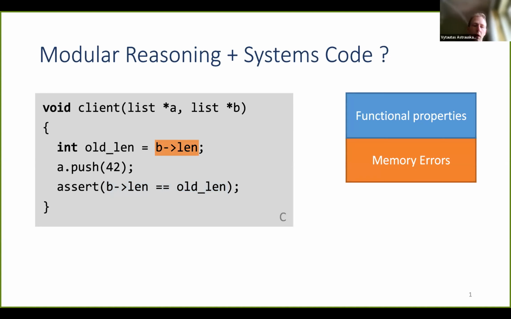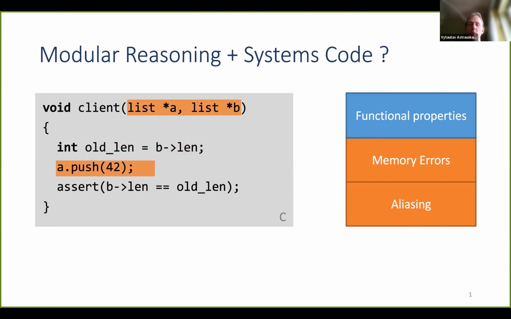First, we need to prove that this program doesn't crash. That is, for example, this assignment to b.len, this access of the len field of b, does not cause a memory error due to b being a null pointer or not allocated.